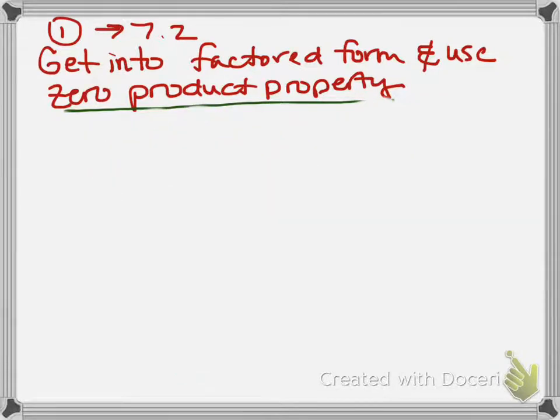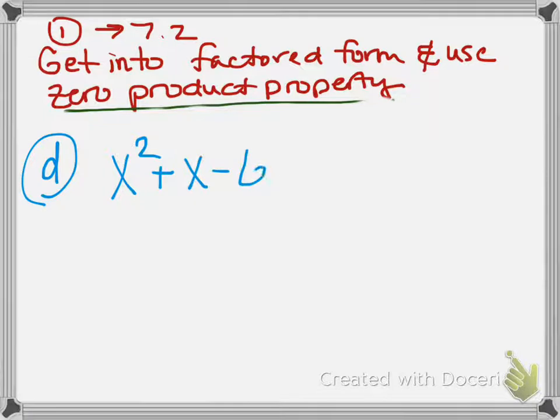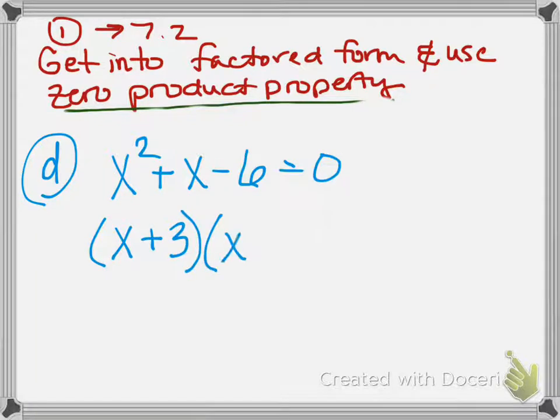Let's try that again. Okay, so back to D, right where I left off, x squared plus x minus 6. So you already saw the box. Go back if you need to. But this factors into x plus 3 and x minus 2.